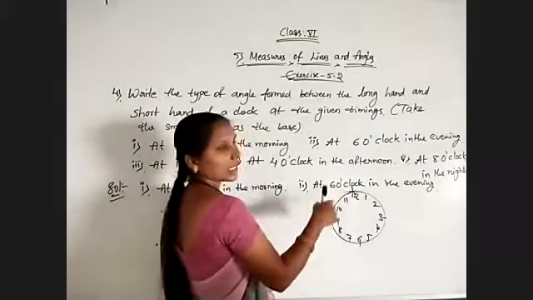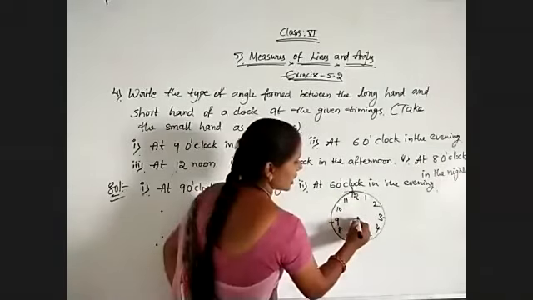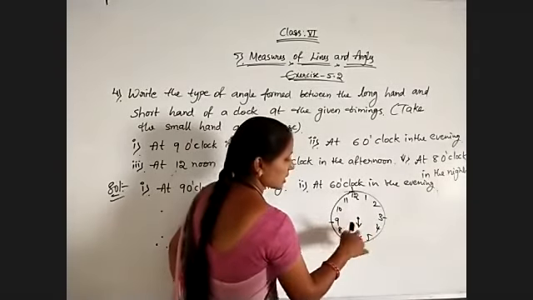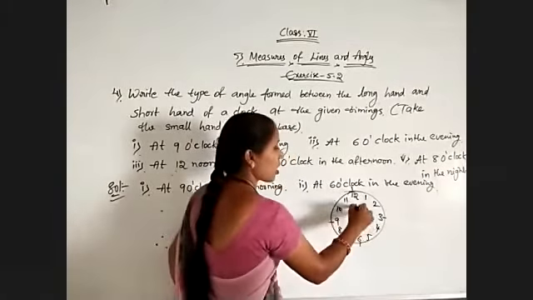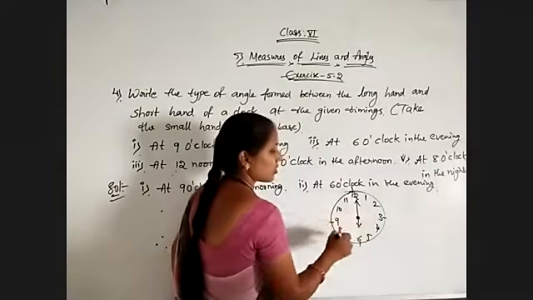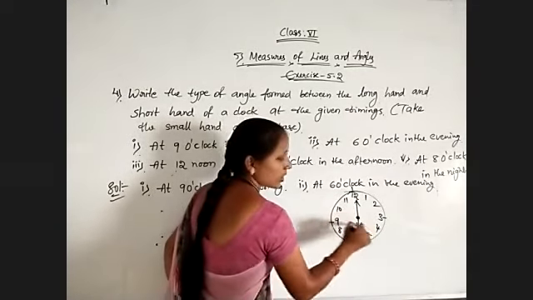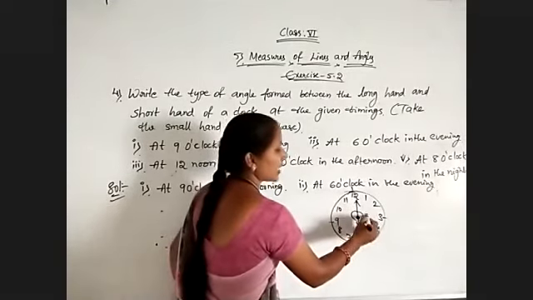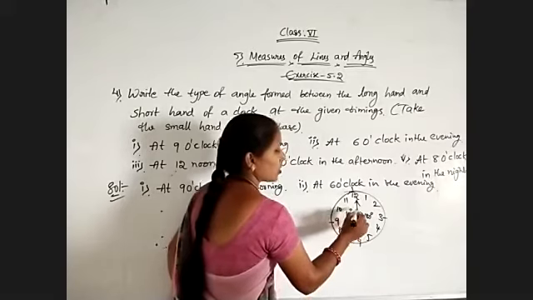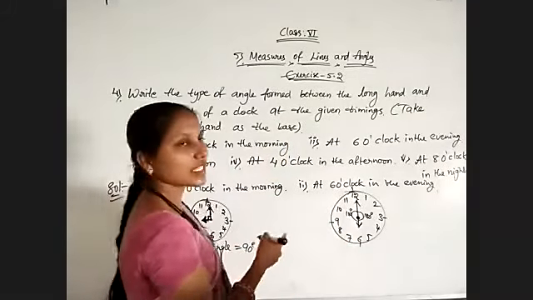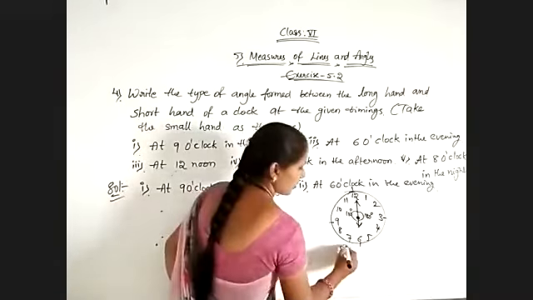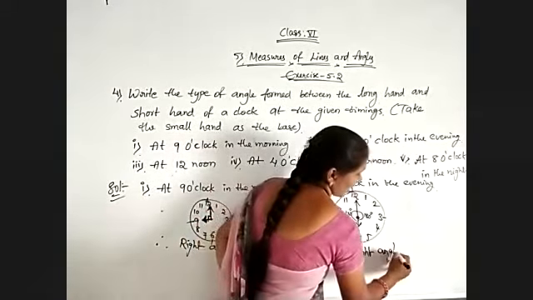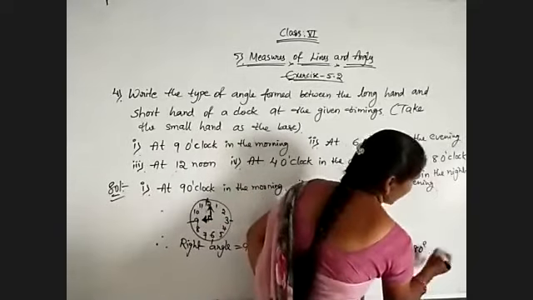Now mention the 6 o'clock timing. Short hand at 6 and long hand on 12. Just observe, it is looking like a straight line. Either in the morning or evening, it is equal to 180 degrees. So 180 degrees is a straight angle.